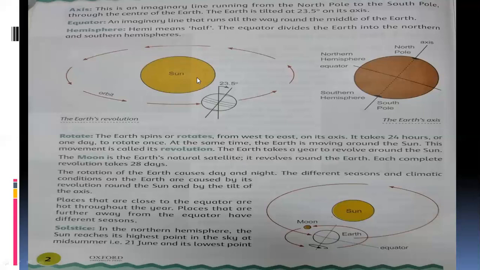Students, you know that one. It's very easy. The places which are far away from the equator have the coldest atmosphere, like the North Pole and South Pole.